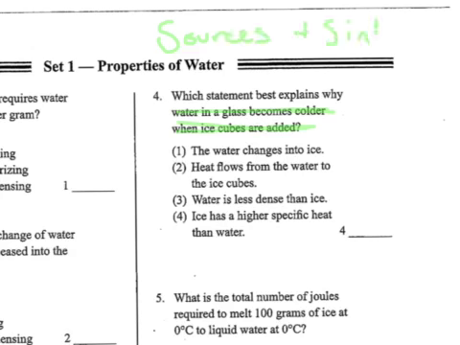Remember that energy always flows from sources to sinks. And so what you need to decide when looking at this is whether or not the water in the glass is the source of energy or is a sink of energy.